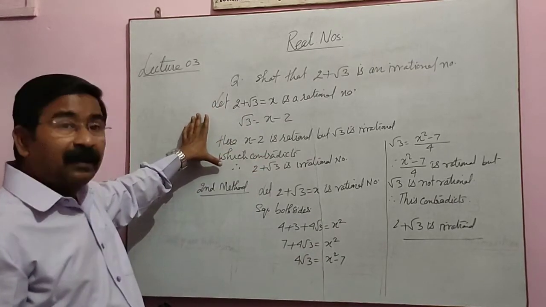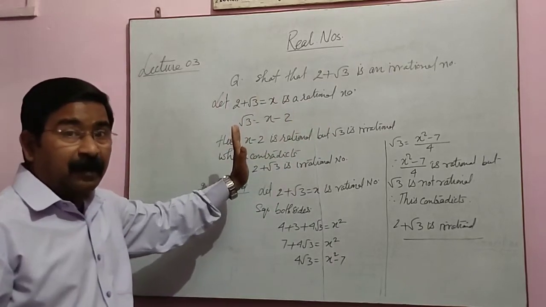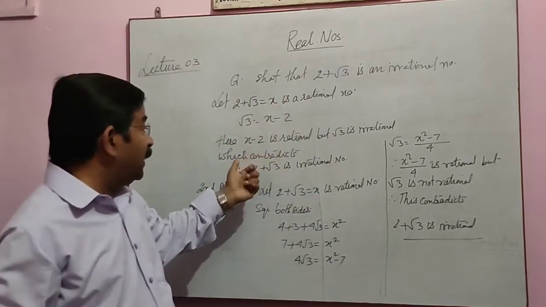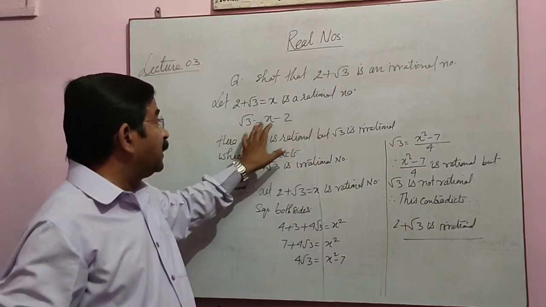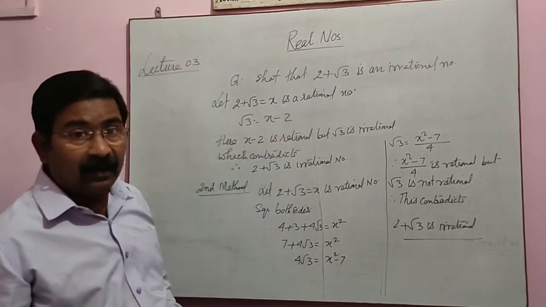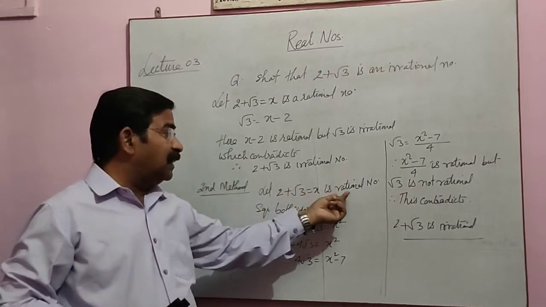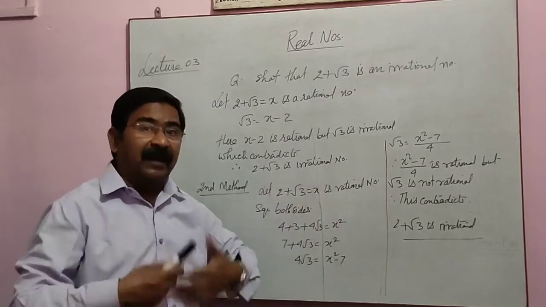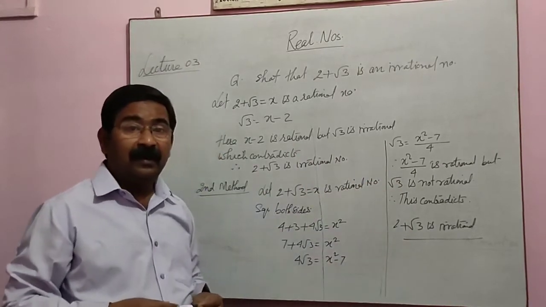One is the direct method, assuming that the irrational number is a rational number, shift the rational part towards the rational part, and on one side keep the irrational part and show that the irrational part is never equal to the rational part. Another method, by taking the same as a rational number, squaring that side, and then we get the same result.